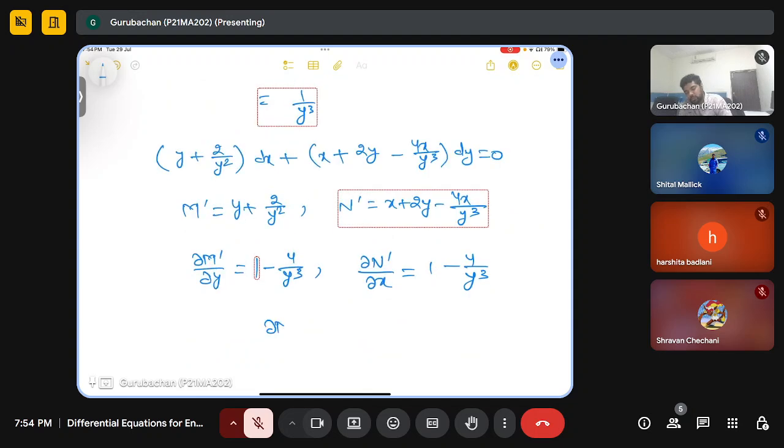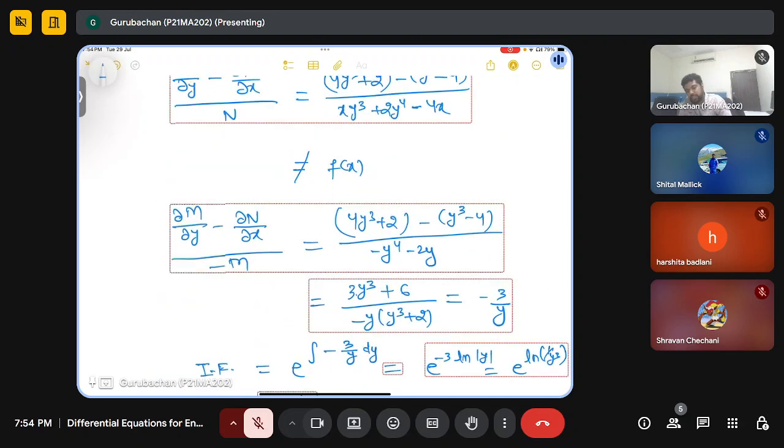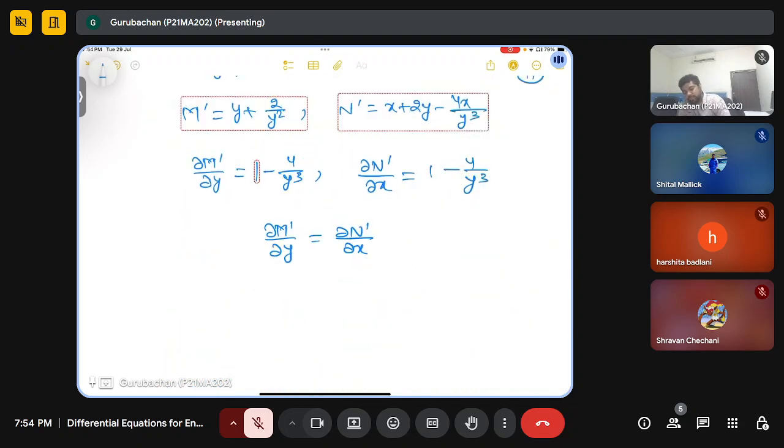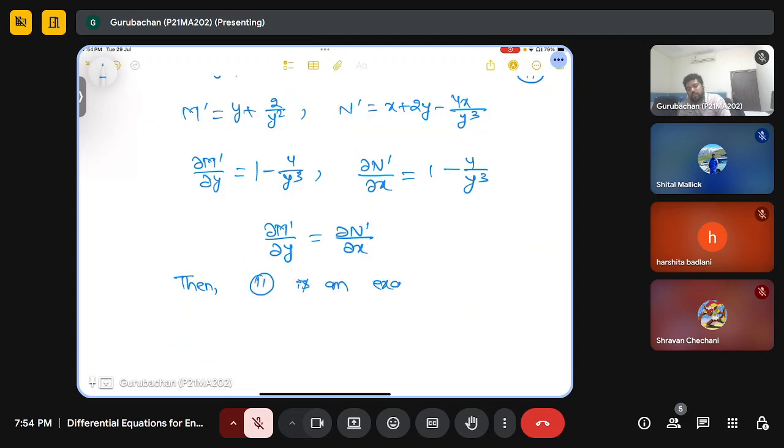Clearly, del m dash by del y is equal to del n dash by del x. So if we name this equation as 2, the second form is exact. Then equation 2 is an exact differential equation.